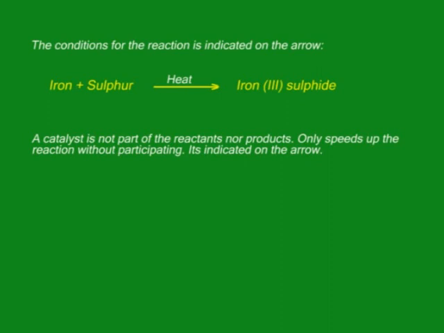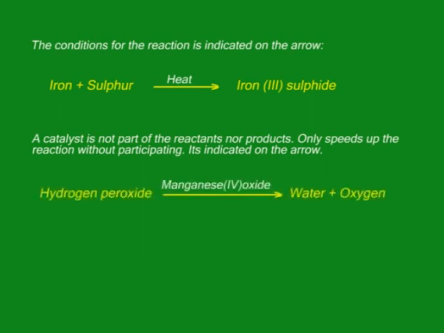A catalyst in the name of manganese(IV) oxide will be used to speed up the reaction, and the equation shall be as shown on your screen, that hydrogen peroxide decomposes into oxygen and water under the catalyst manganese(IV) oxide. It is indicated on the arrow and it is not part of the reactant. The manganese(IV) oxide will remain the same from the beginning to the end of the reaction.